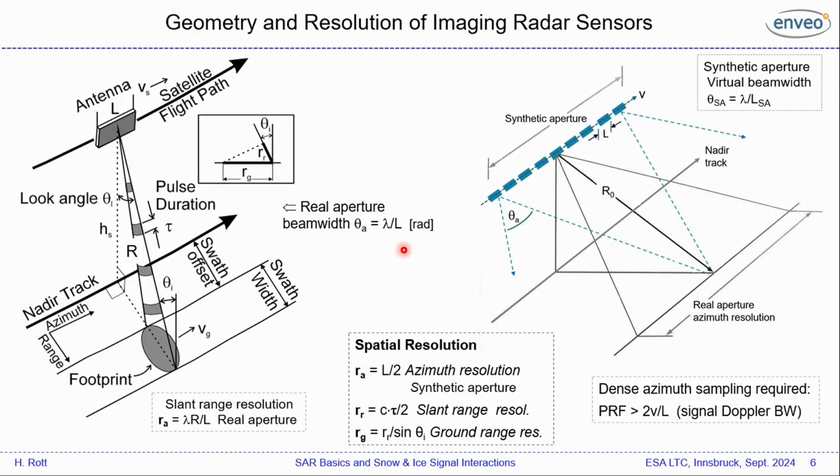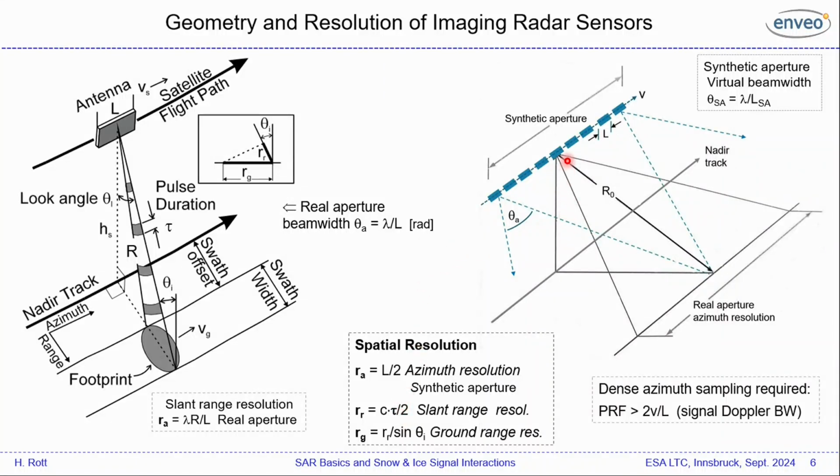Which of course also has its limits, because on the other hand, if we have a very wide beam, we lose backscattered power of the signal, and then we start to get into noise. We run into the noise problem. And the range resolution is given, as I mentioned before, by the pulse duration times the propagation velocity over 2. It also doesn't change with distance.